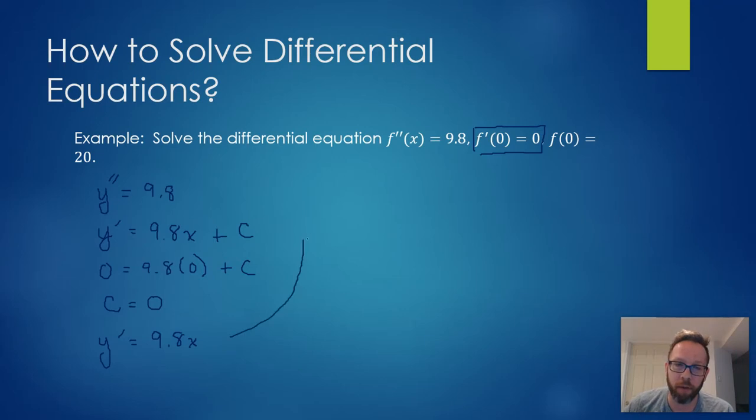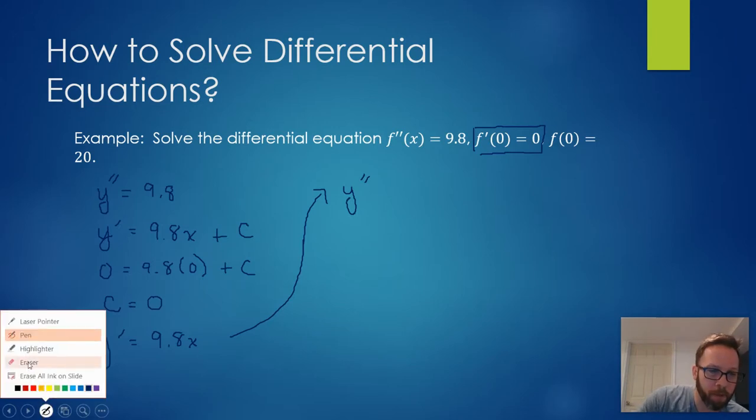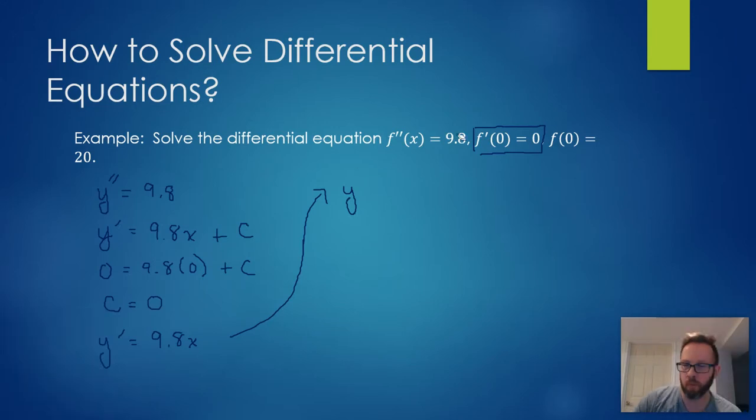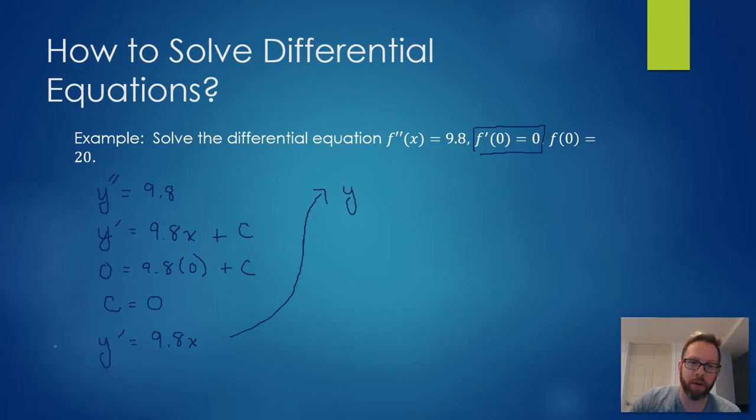I'll go up to the space on the right here. So knowing that, let's find y, excuse me, the original function now. Switch to pen. So what can give me a derivative of 9.8x?